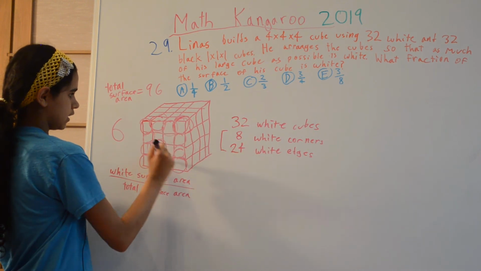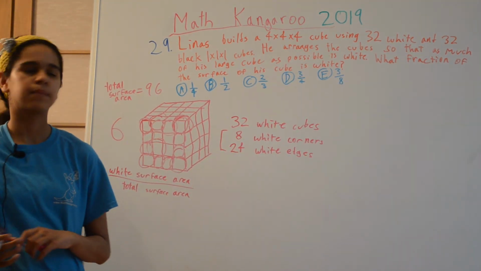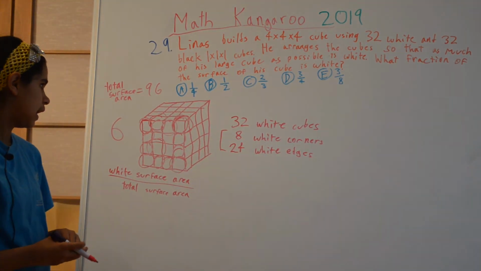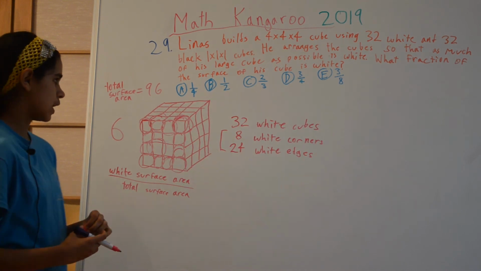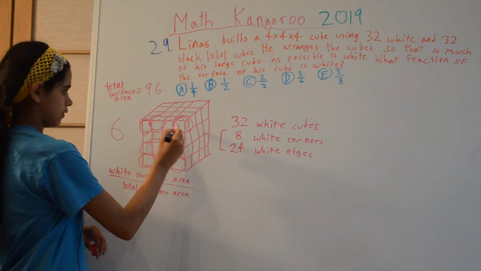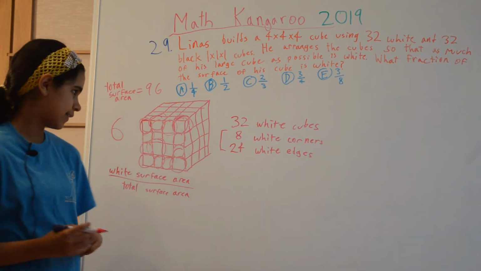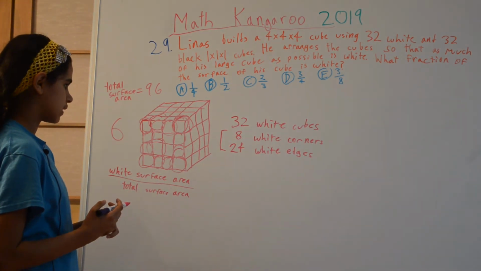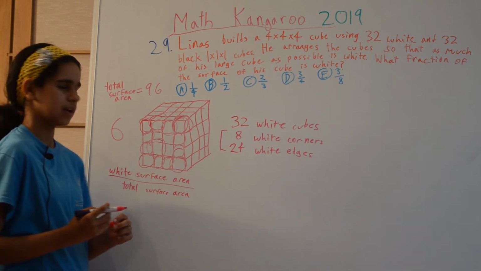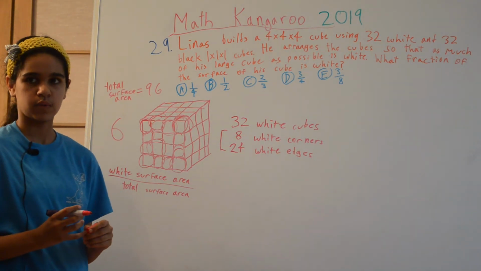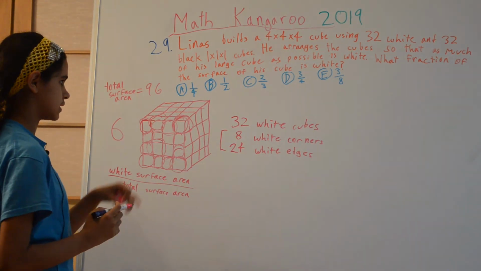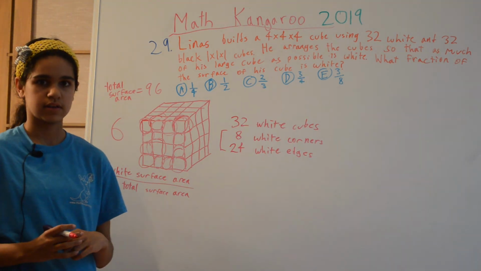These 4 in the middle here are going to be black. We can count 1, 2, 3, 4, 5, 6, 7, 8, 9, 10, 11, 12. So 12 out of the 16 on each face are going to be white. And this is the same for all 6 faces.